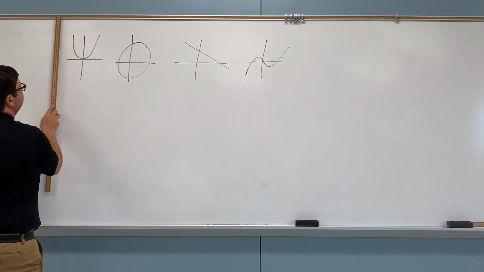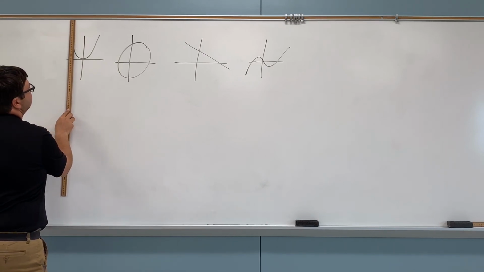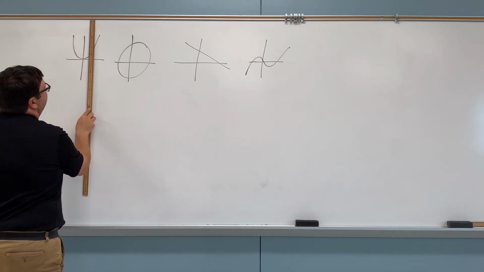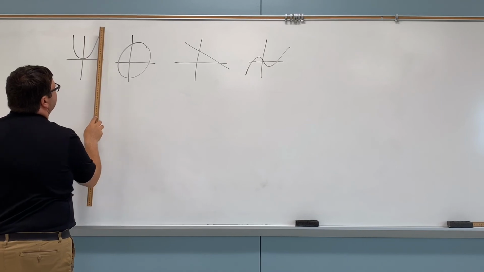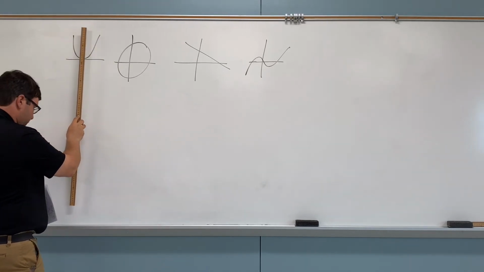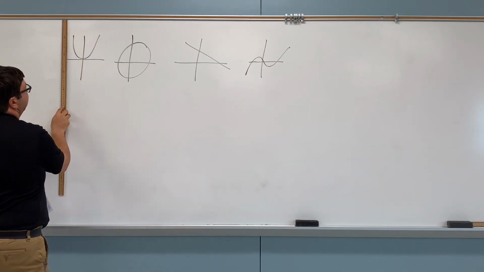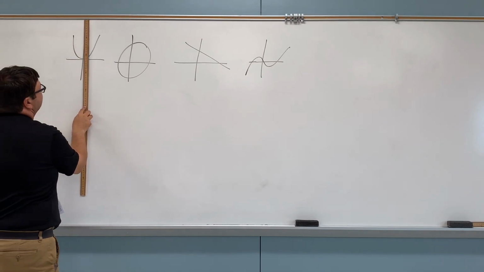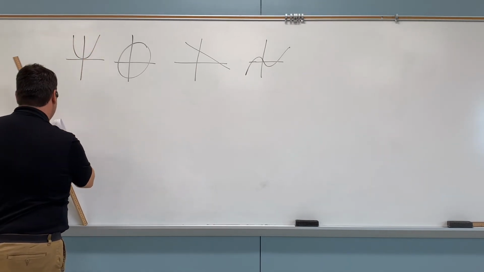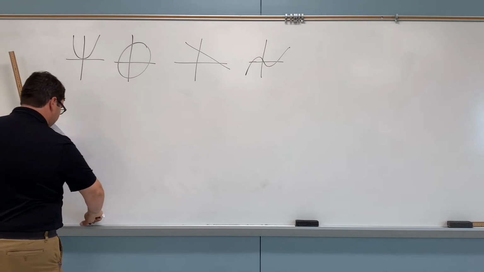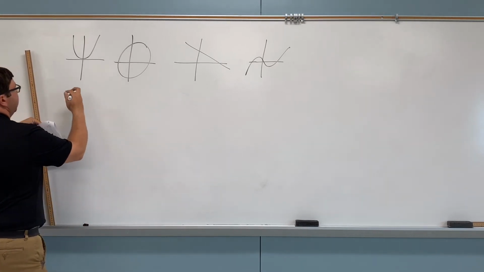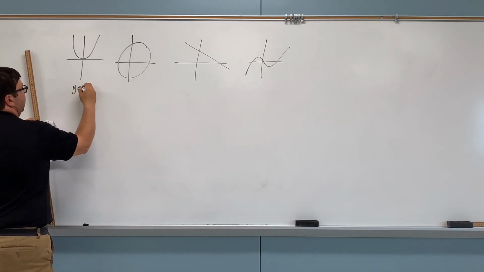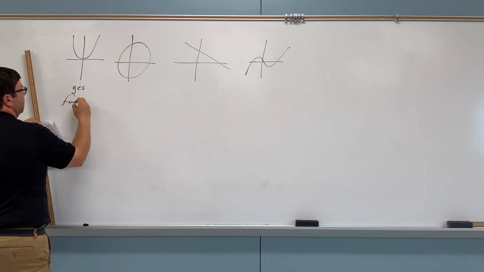As we move across the graph, you should not encounter more than one x value at any given point. If you do, then you are not a function. So in this case, no, you do not cross any duplicate x values. So yes, this is a function.